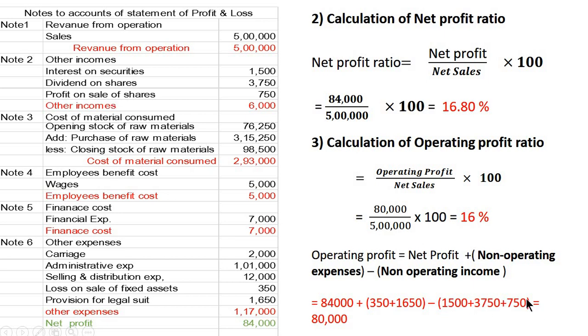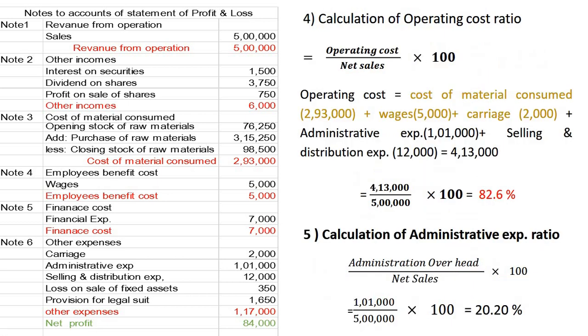These three non-operating incomes are deducted and the operating profit is 80,000 rupees. 80,000 rupees divided by net sales 5 lakh rupees multiplied with the 100, answer is 16%. The firm's operating profit ratio is 16%.